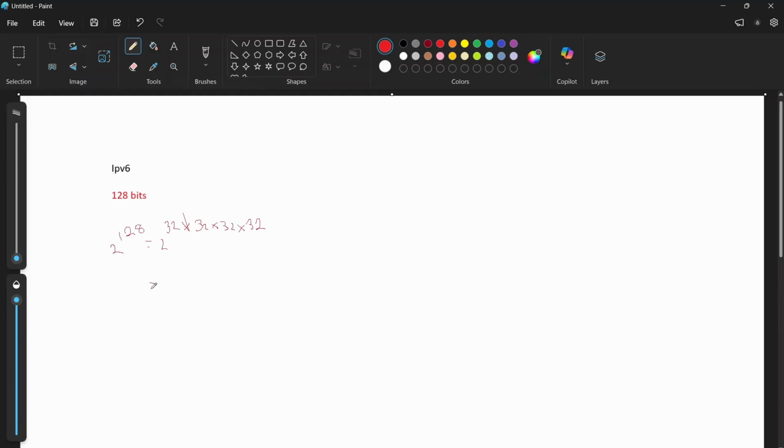I'm writing with my cursor, so don't mind. Finally we can write this as 2 power 32 whole power 4. Already you are aware that in IPv4 2 power 32 means 4.3 billion IP addresses. So here we will get 4.3 billion whole power 4 IP addresses.